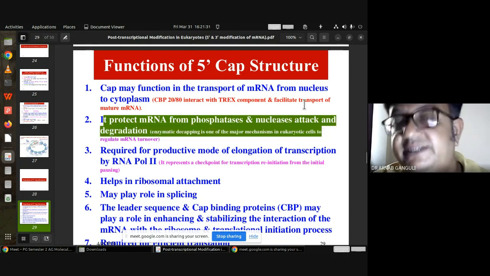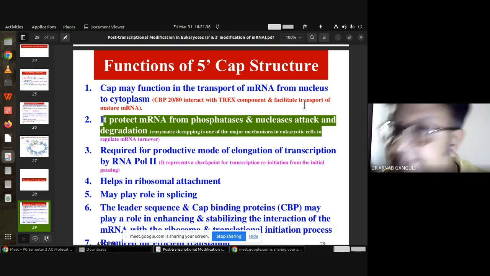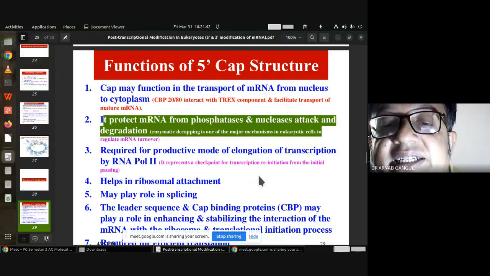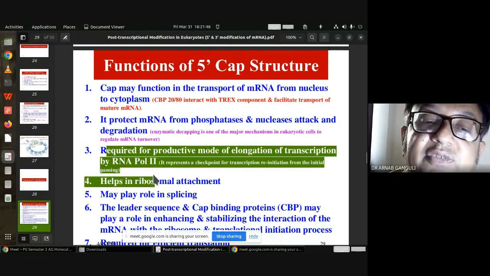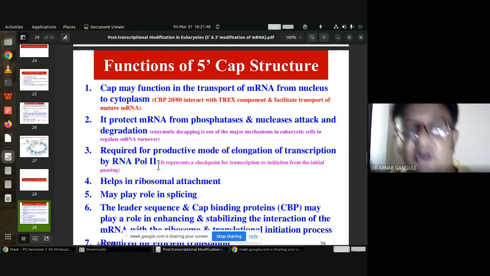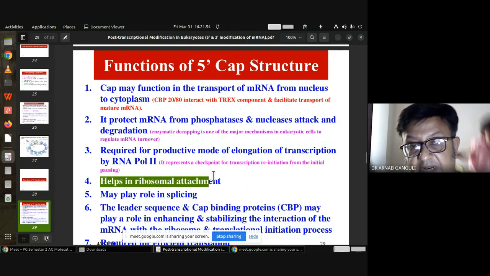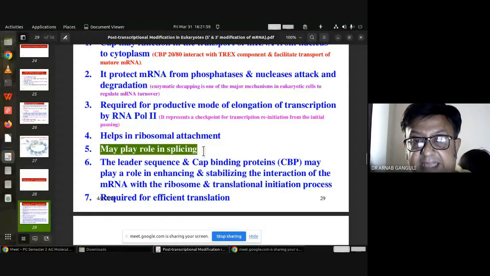So basically, it protects against different exonucleases which would digest the mRNA. Rather, it contributes to the stability of the messenger RNA. And it is required for the productive mode of elongation of transcription by RNA pol 2. It helps in ribosomal attachment. It may play a role in splicing.